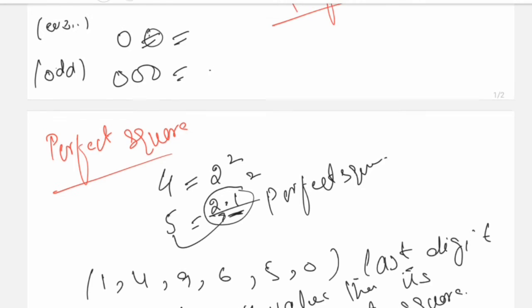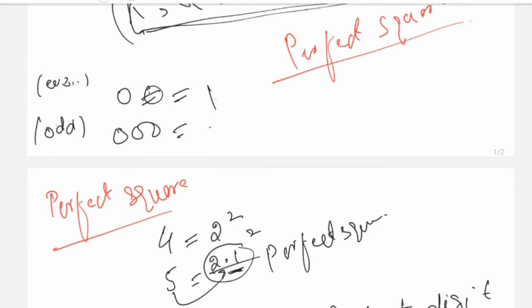In 0's case, when we have an even number of zeros, it's a perfect square. When we have an odd number of zeros, it's not a perfect square.